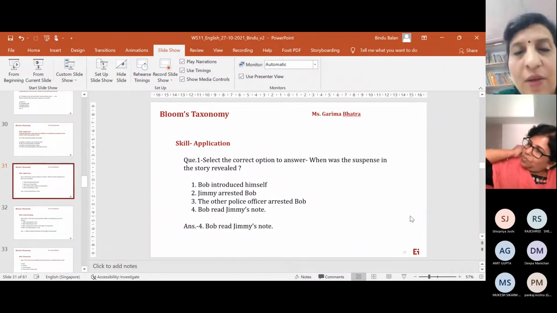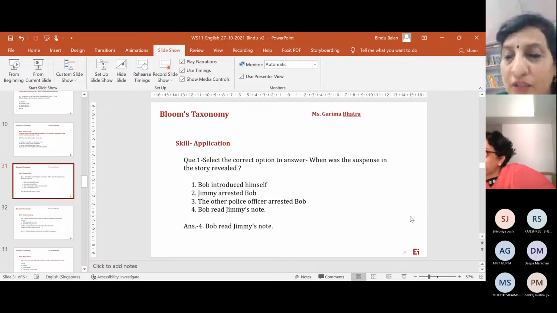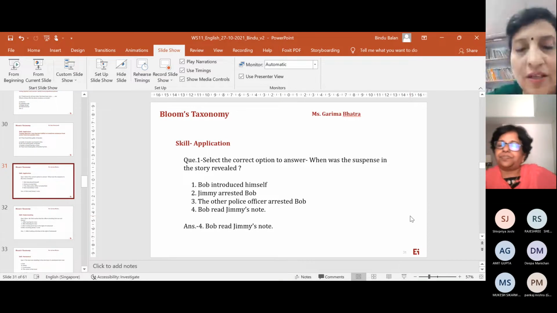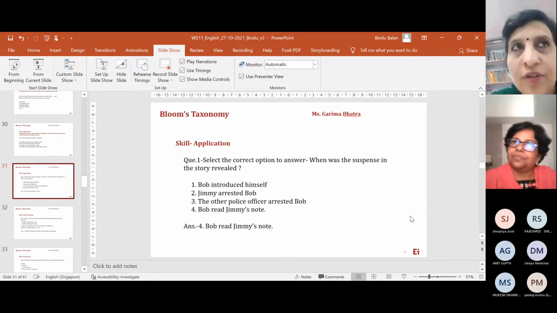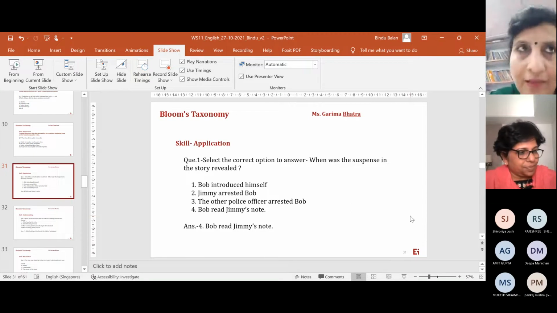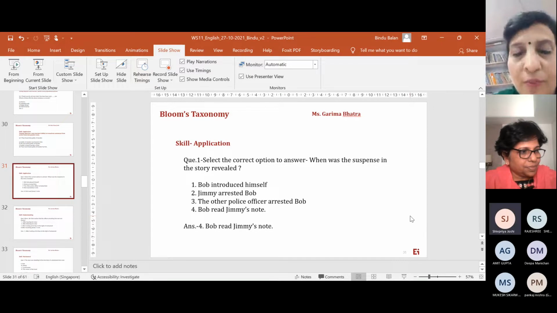That's why I have kept it under the application category. I would request respected Rajshri ma'am to please throw some light on it. What's your opinion about it?